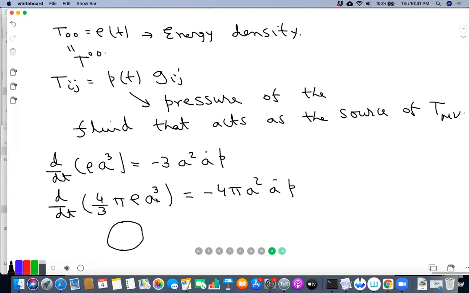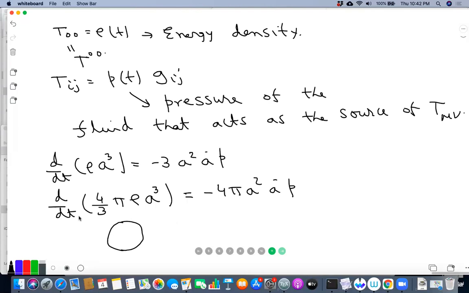And what this equation is telling us is that the rate of change of that energy will be given by the right hand side, which is nothing but the work done because of the expansion of the universe, and the pressure of the fluid. There is work being done by the fluid inside. So from this perspective, you can clearly see that this is really the energy conservation equation.